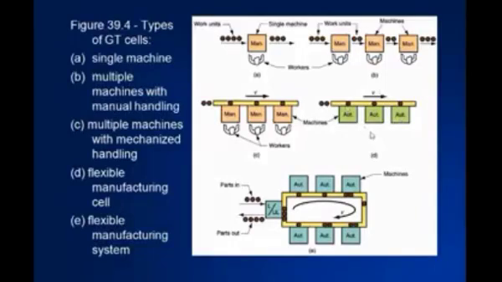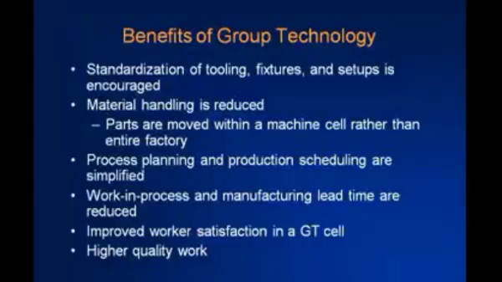This is an FMS cell, a type of FMS cell. There are different types. This is one type of FMS cell, and this is the mechanized one. Here it is the manual one with multiple machines, and this is with a single machine. So these are the different types of GT cells, group technologies.